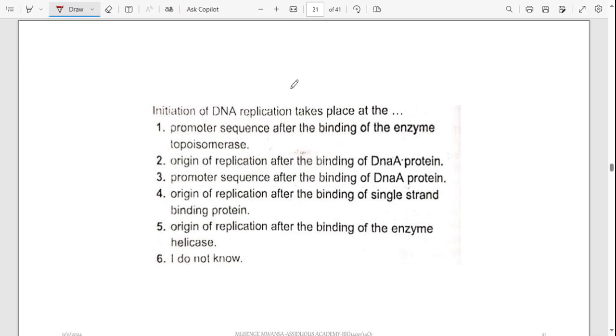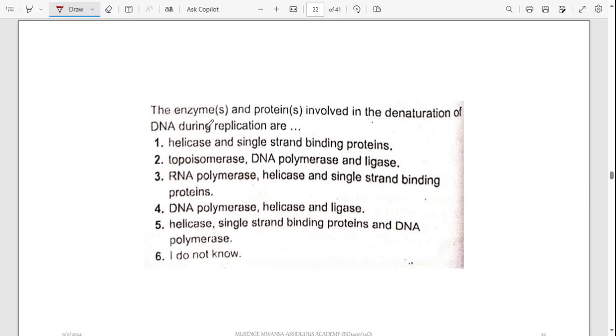Initiation of DNA replication is going to take place at what we call the origin of replication after DNA binds, and that's what causes the initial separation before helicase can take off. Enzyme or enzymes and protein or proteins involved in denaturation of DNA replication are helicase and single-stranded binding protein, topoisomerase.